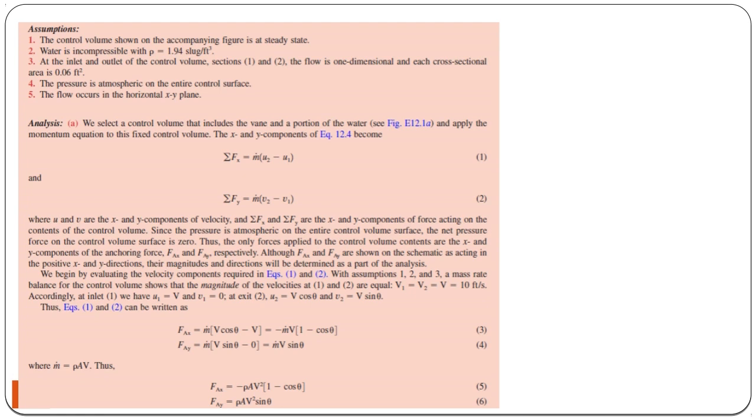According to the linear momentum equation, the sum of the forces is equal to net momentum flux, which is m dot times v2 minus v1.